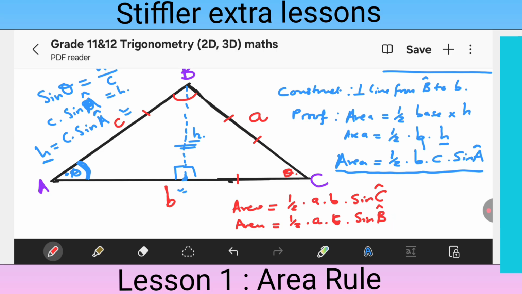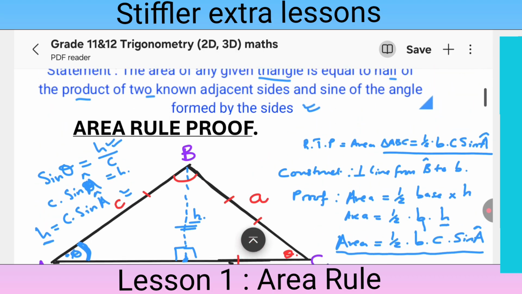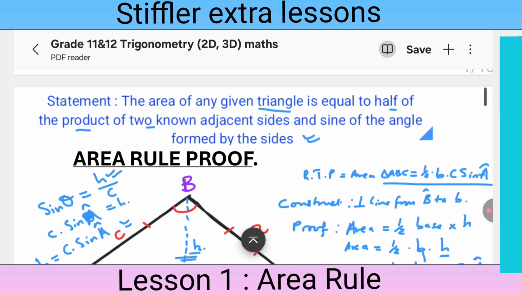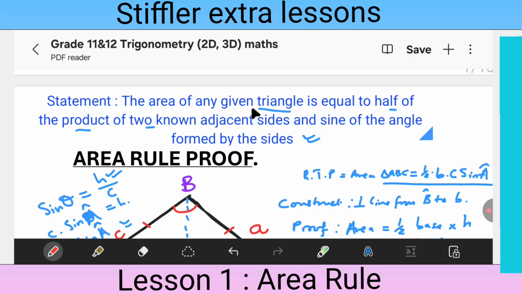So let's go back to the statement. Let's reread the statement. The area of any given triangle is equal to half of the product of two known adjacent sides and the sine of the angle formed by the sides.